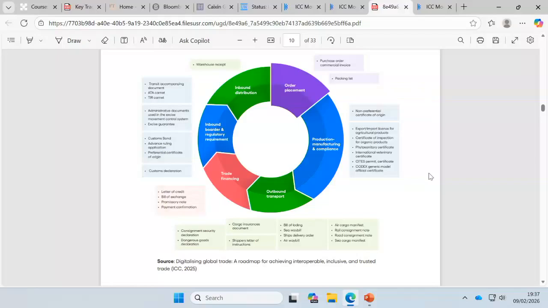So, airway bills, air cargo manifests, rail consignment notes, road consignment notes, bills of lading, sea cargo manifests, and of course, the different sorts of insurance documents that may go with a process.